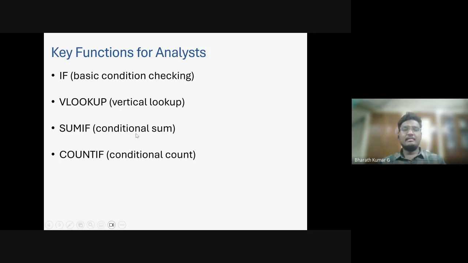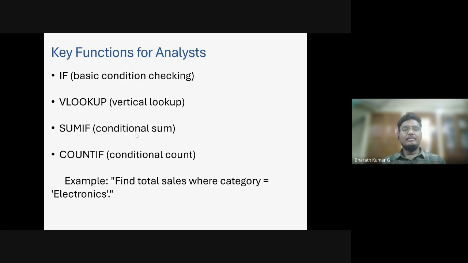Key functions, if you combine all these things, you will do wonders. If you get the time tomorrow, just combine them all and you will get to know all these things. So this is one of the examples.